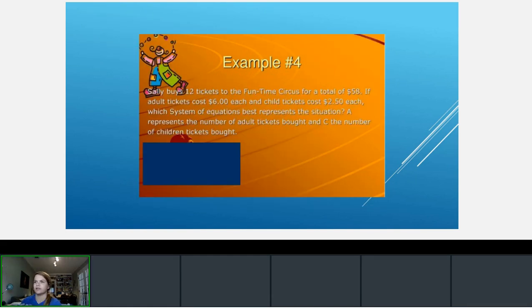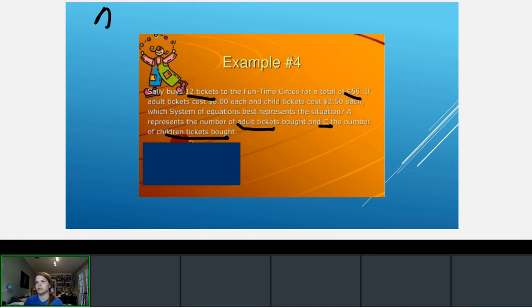All right, let's read this one. Sally buys 12 tickets to the Fun Time Circus for a total of $58. So 12 tickets total, money is $58. If each adult ticket costs $6 and a child ticket costs $2.50, write a system of equations that represents the situation. A is going to be the number of adult tickets. C is the number of child tickets.